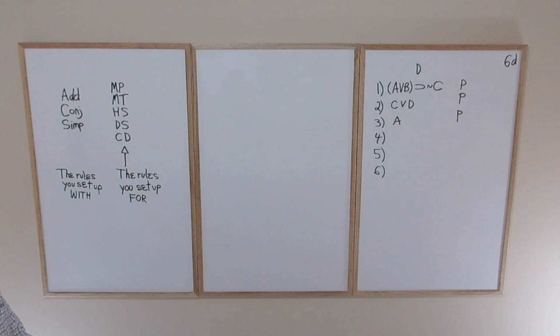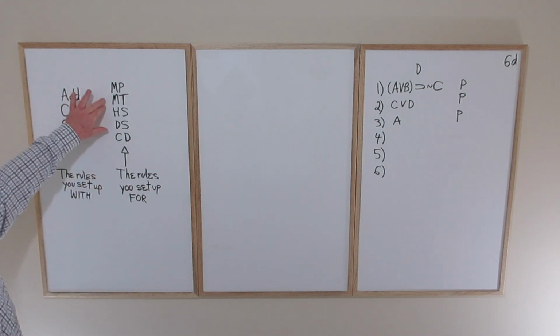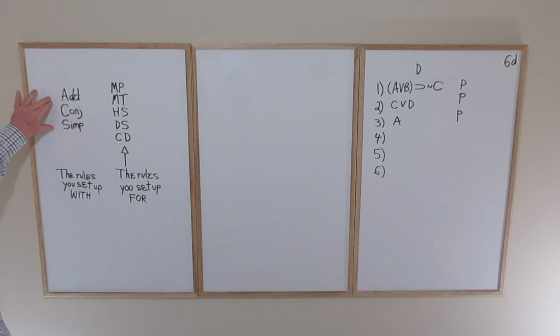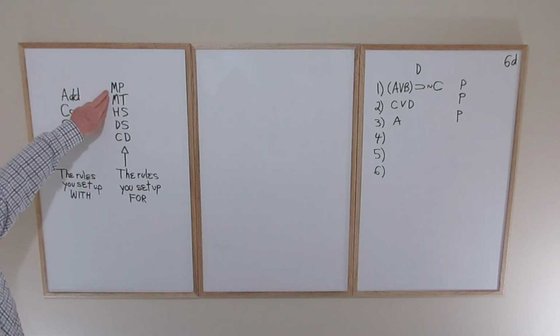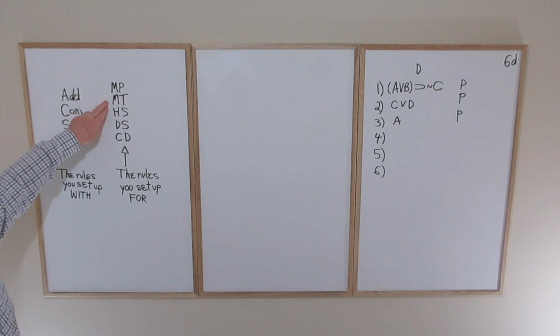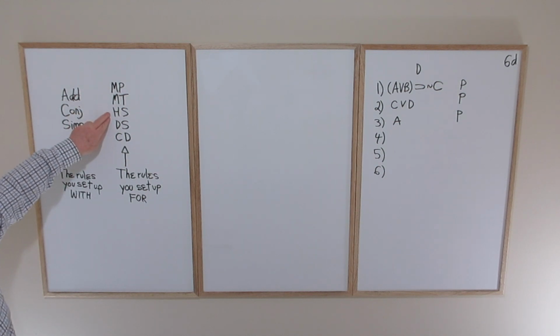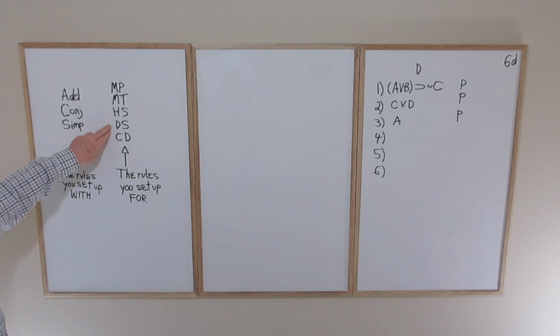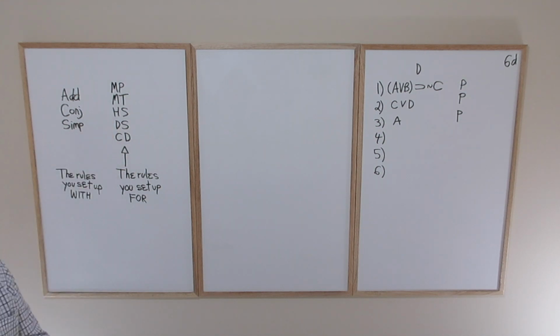At this point, though, I want to focus on another very basic difference between these 5 rules and these 3 rules. Modus ponens, modus tollens, hypothetical syllogism, disjunctive syllogism, and constructive dilemma are all rules that you set up for.